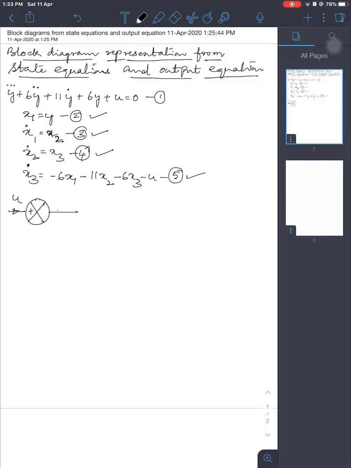Let us try to take x3 dot as the output of this, wherein you may require inputs here. We may require another input.